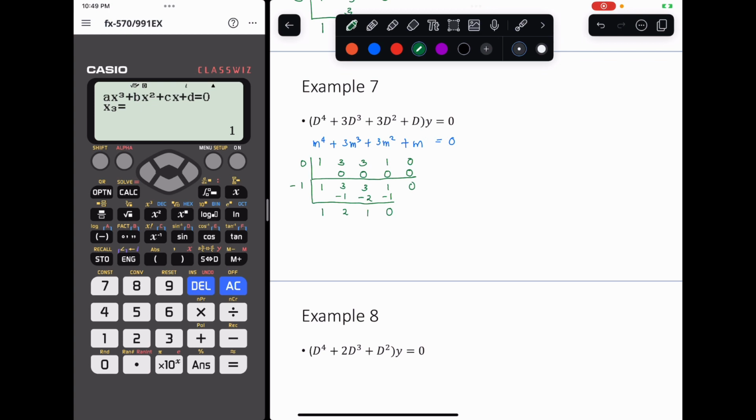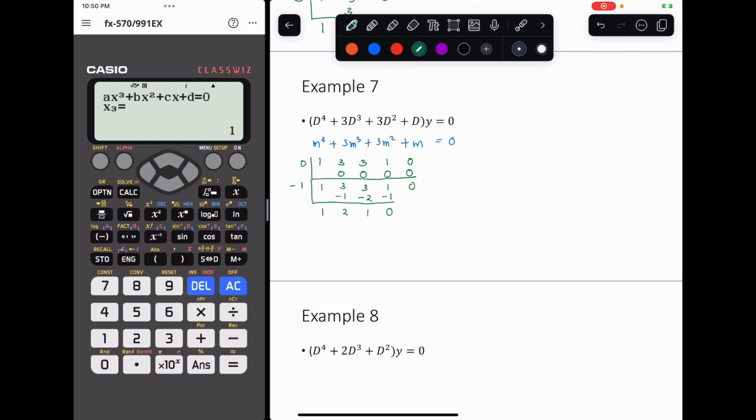So I have 1, 2, 1. This is m squared plus 2m plus 1. Therefore, a factor of 1 is just 1.